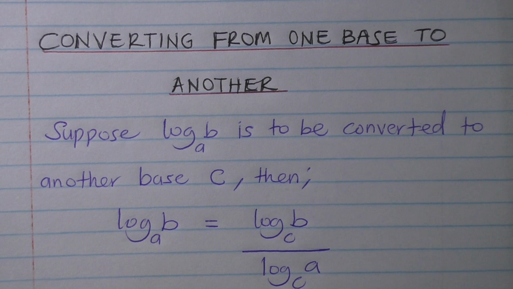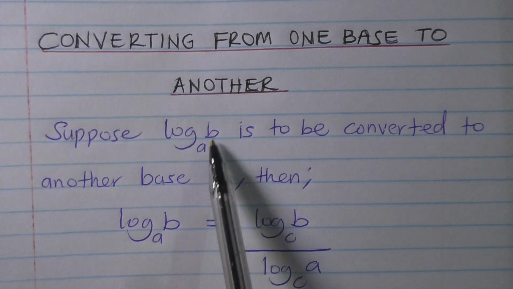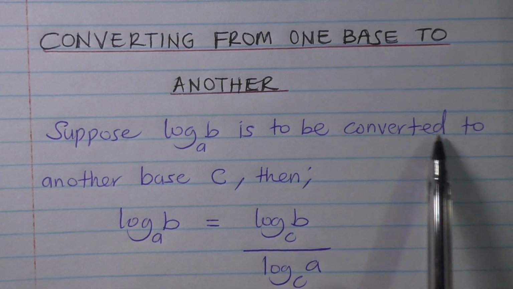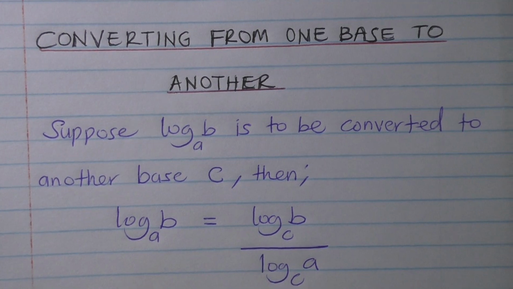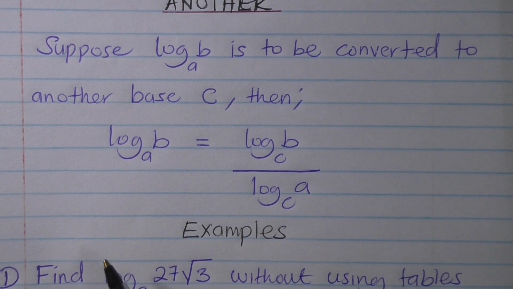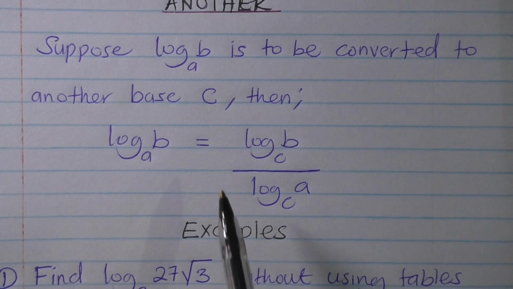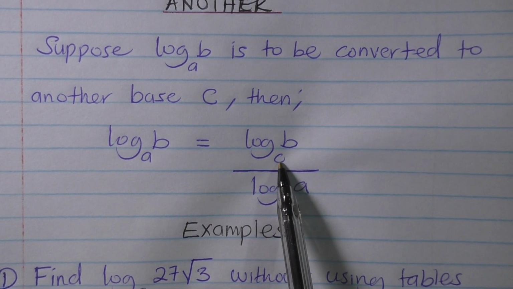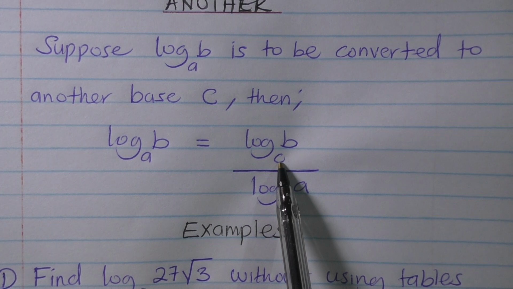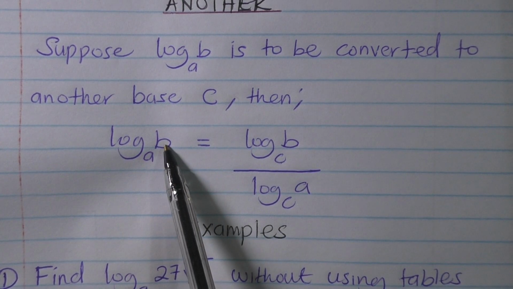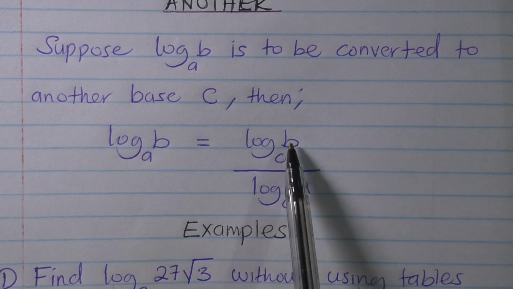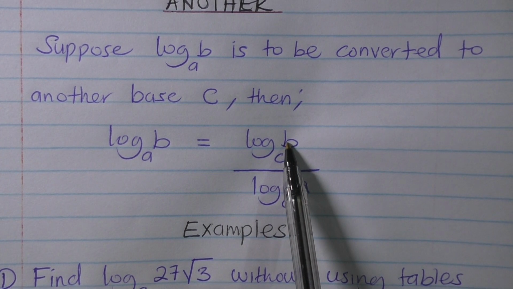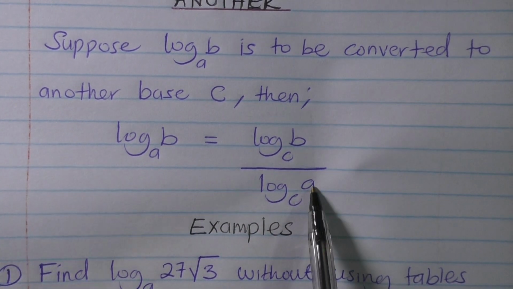So we are told that suppose log a power b is to be converted to another base c. Then how do we do this? We are introducing a new base, which is base c. So if we are to introduce a new base, then this is the trick. We shall consider the power first. We shall say base c, the new base we are introducing, power b, divide by base c, power a.